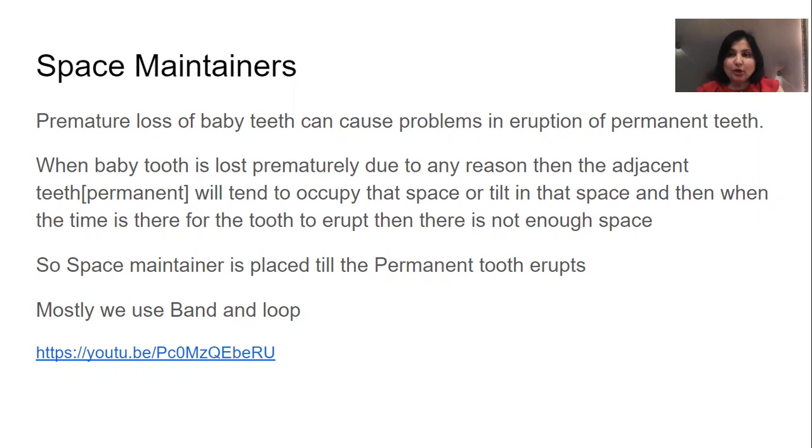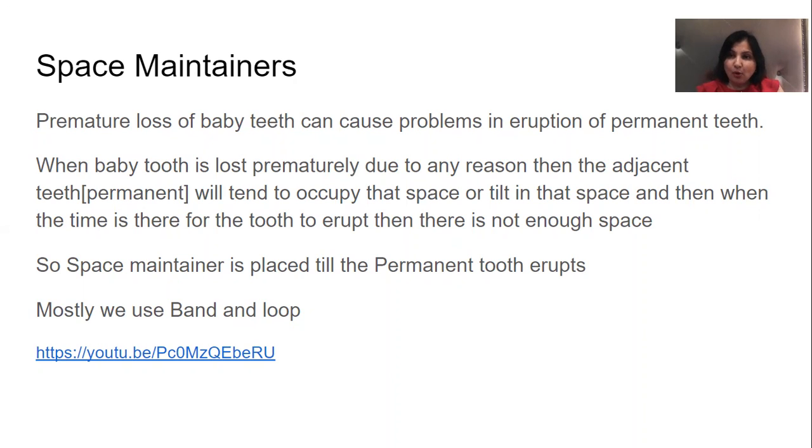Now, band and loop, you can do two ways. One is that you take an impression, send it to the lab, they make the band and loop, and then you put it in with glass ionomer cement. You put the glass ionomer cement on the band portion and then cement it in the patient's mouth. The second is that there are kits which come and you can make the band and loop fit the patient's mouth.